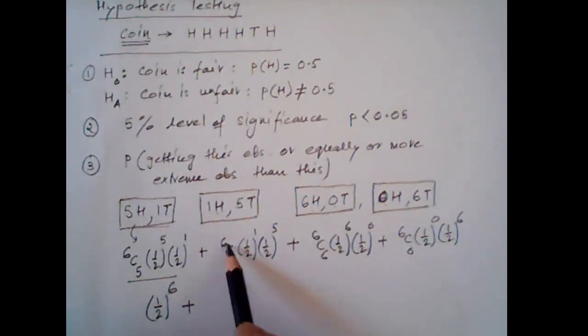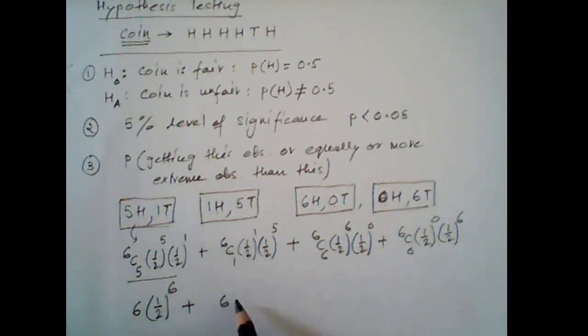Plus this one, 6 choose 1 is again 6. This one will be 6 times half raised to the power 6. This one is 6 choose 1, which is again 6.